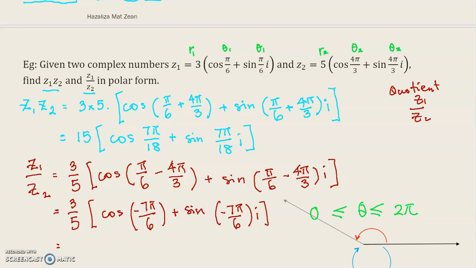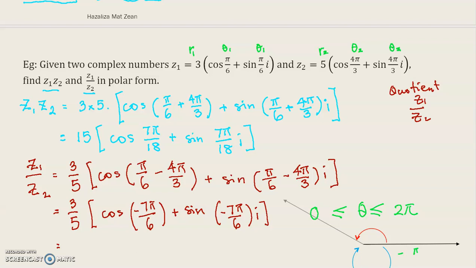Your theta is negative, so you have to put it in the positive.